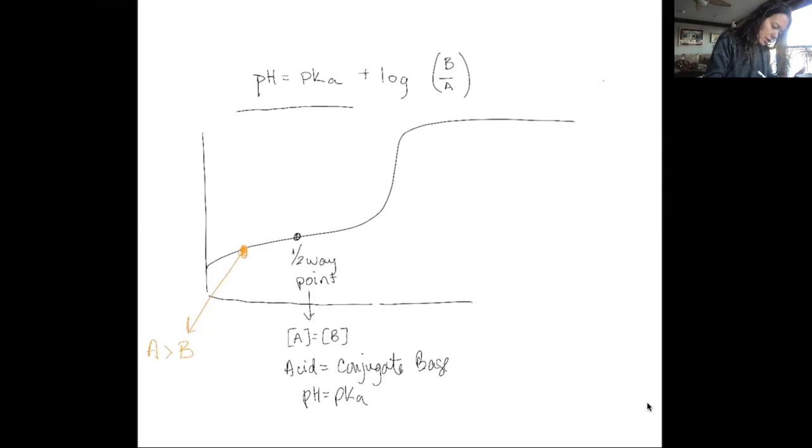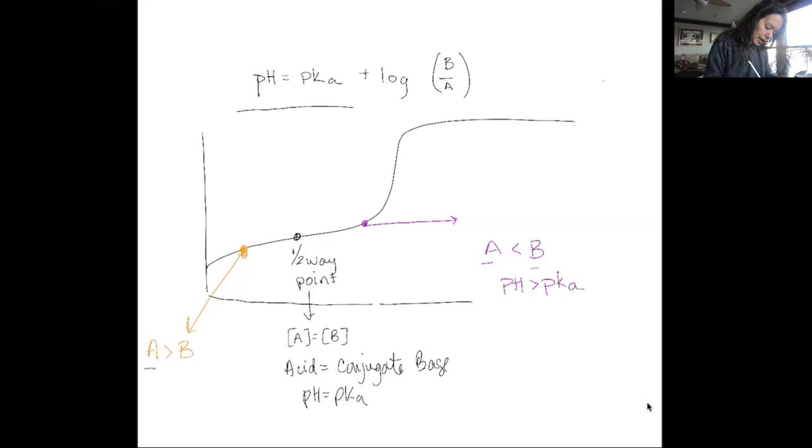And beyond the halfway point, we have more base than acid, or the acid is less than the base, to keep that consistent. We are all in reference to A. Well, when the acid is less than the base, the pH will be greater than the pKa.